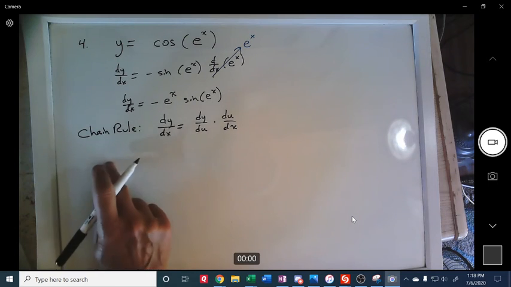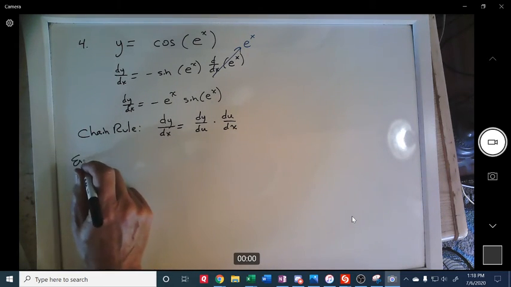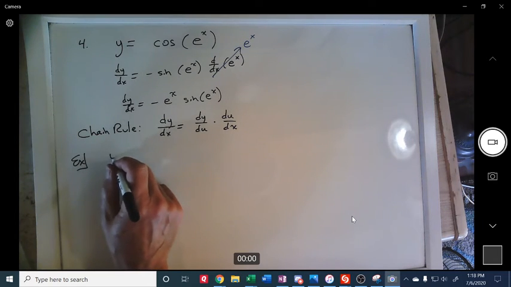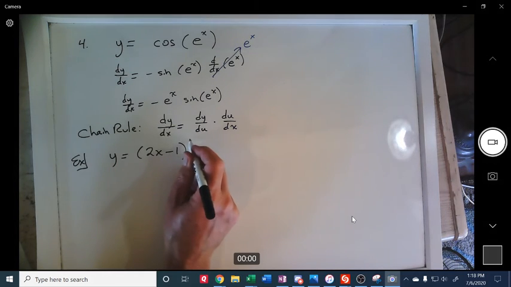Let's do a different problem. y equals 2x minus 1 to the 6th power.